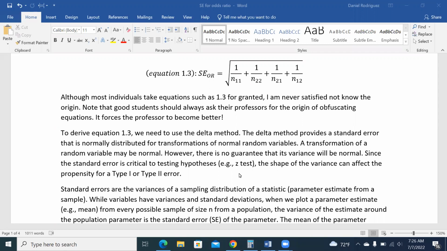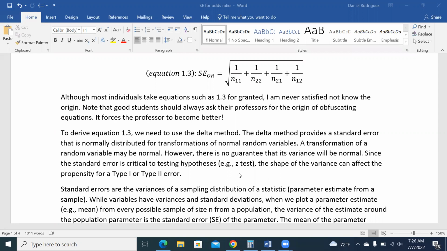Type 1 error means a false positive result. Type 2 error is failing to reject a false null hypothesis. So if you have something that's right skewed, it means there's a lot of larger values. The standard error could be too large, right? And that would result in a type 2 error, so failing to reject a false null hypothesis, because our test statistic would be too small.